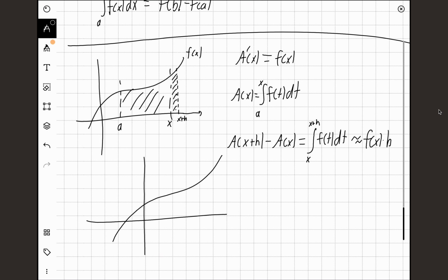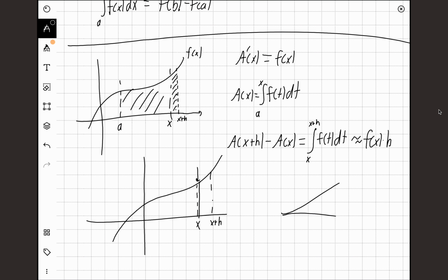I have a function here, and I'm looking at its area. This is the point x, then I'm looking at the point x plus h. Here I'm exaggerating how big h is, but h would just be the size of this interval here. If h is very, very close, the function at this point is basically a straight line.